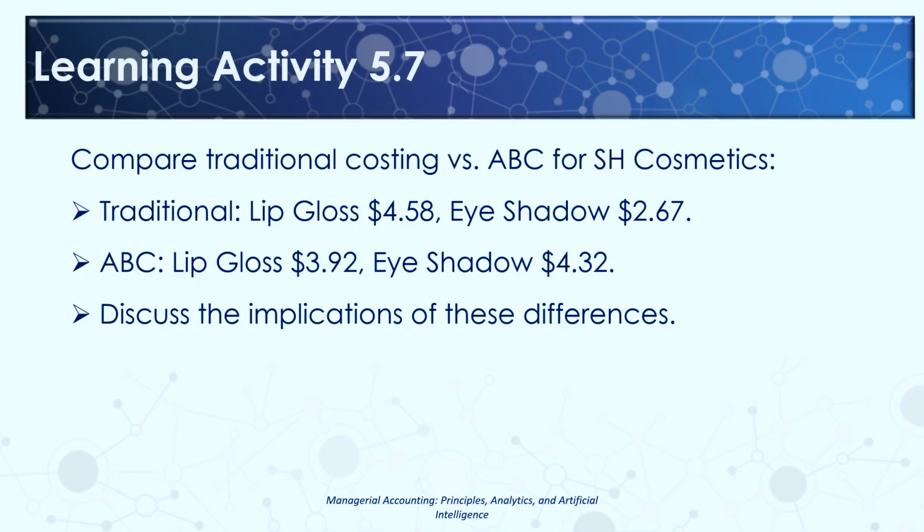Traditional costing overcosted the lip gloss, yet undercosted the eyeshadow. That means if the company priced products using traditional costing, they may lose money on eyeshadow without realizing it. This can lead to incorrect pricing and poor product strategy decisions. Pause here and work your way through the activity, and once you've finished, check your answers with the solutions provided in the back of Chapter 5.